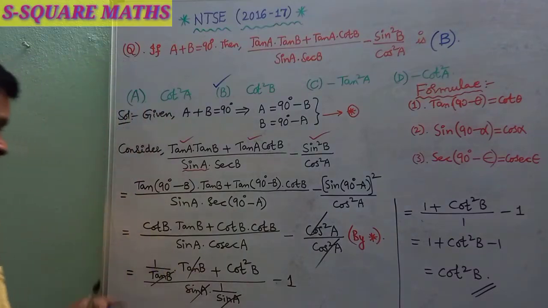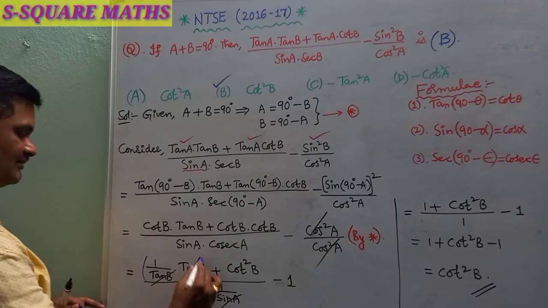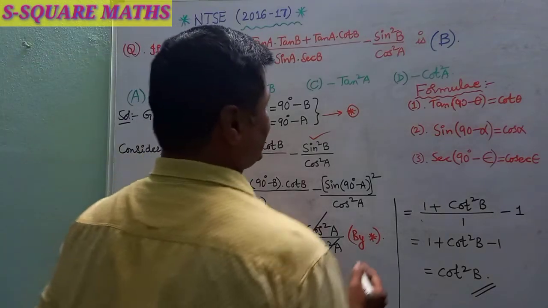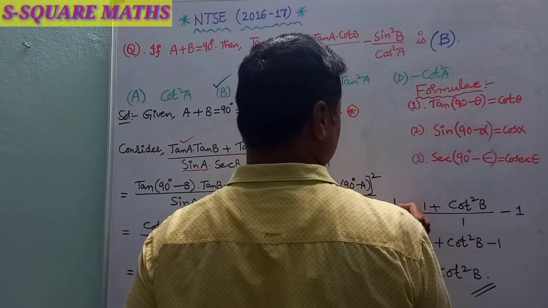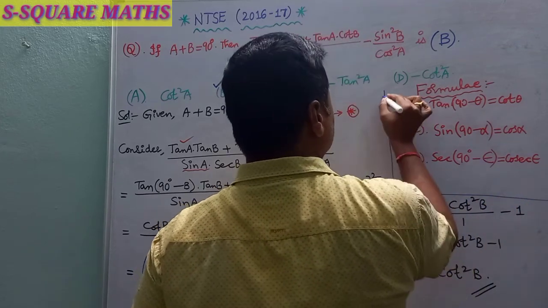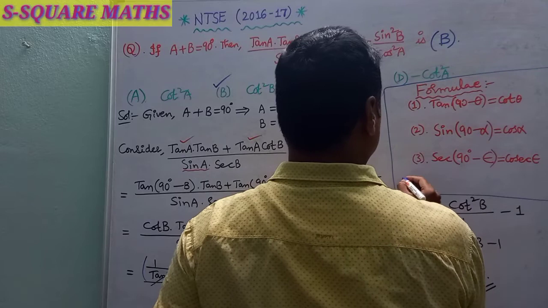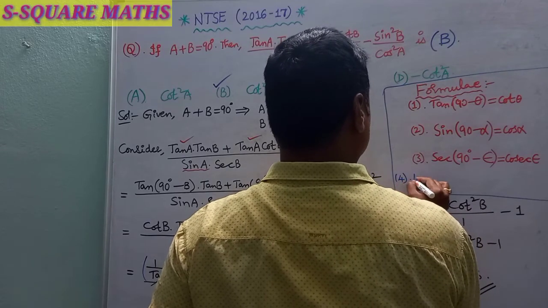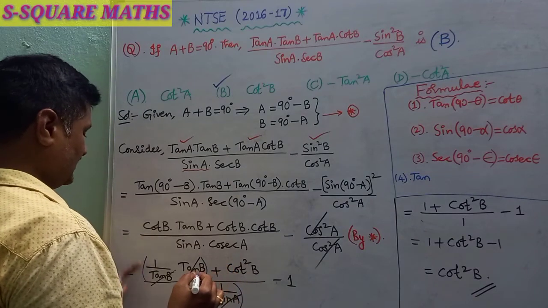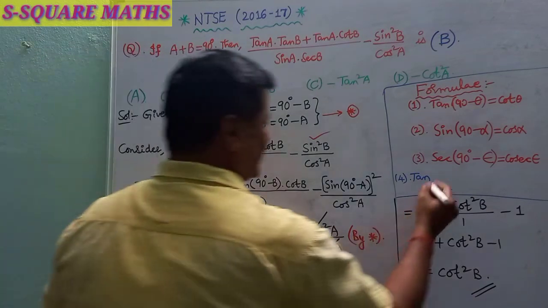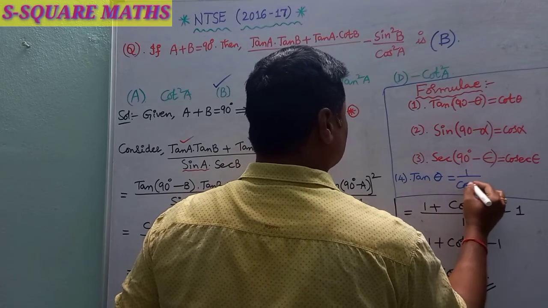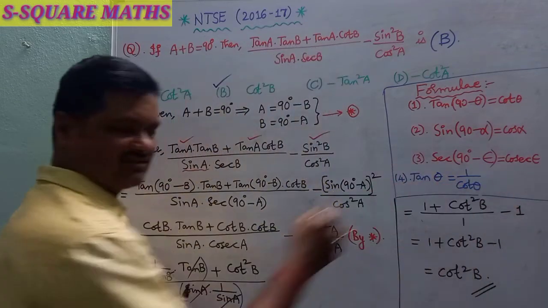So if you observe carefully, we have used the reciprocals as this one. So now I can also write what has been applied here. Fourth one, tan theta is equal to 1 by cot theta, or cot theta is equal to 1 by tan theta.